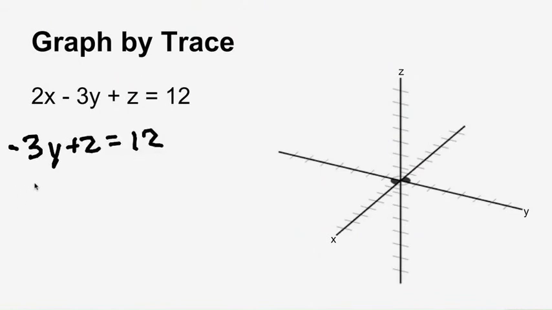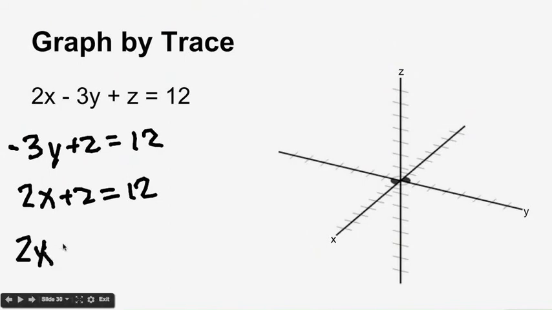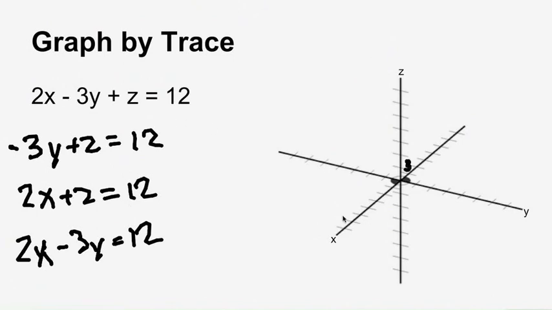The xz trace is 2x plus z equals 12, and the xy trace is 2x minus 3y equals 12. When we graph the traces, it would look like that, and that would be your answer.